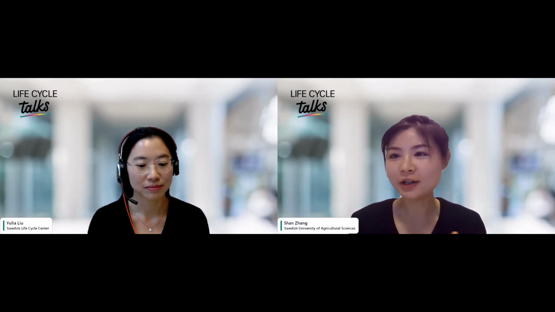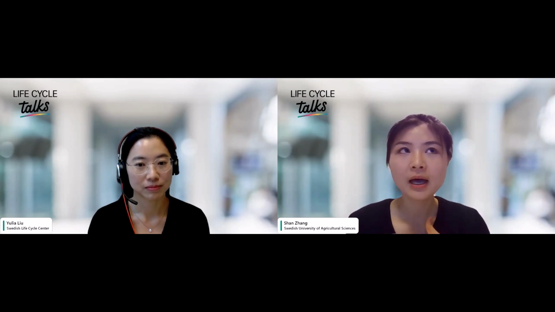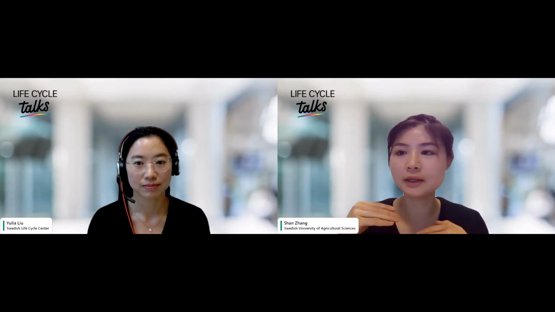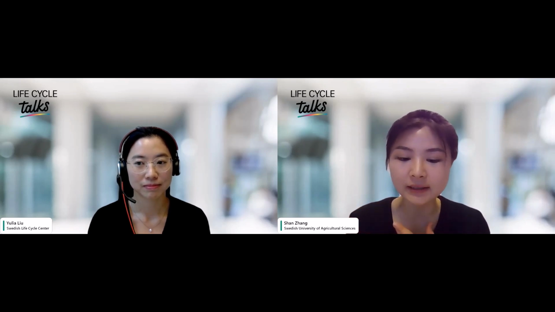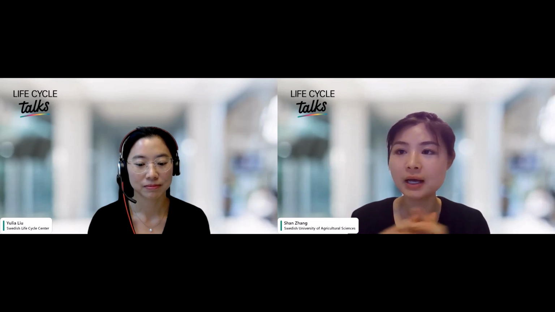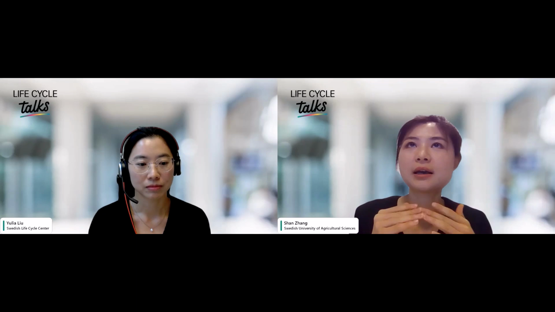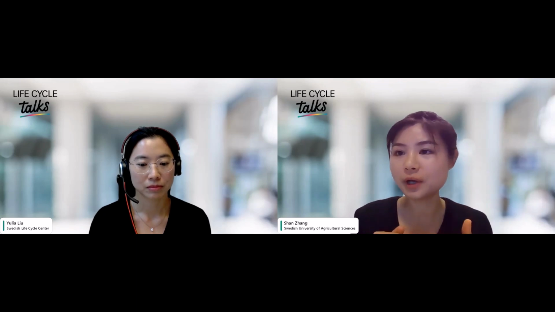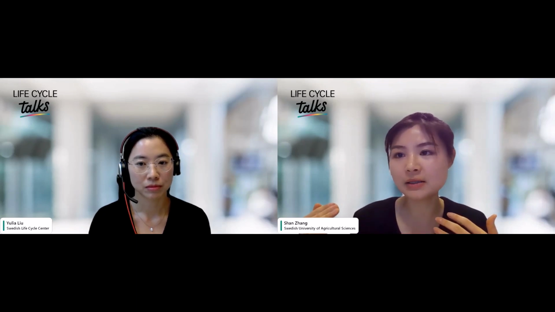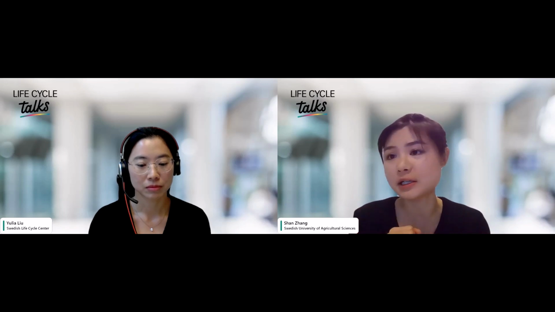Yeah, the target audience is different for these two types of LCA. For the small scale, because we focus on the current system, the scope of lab scale or pilot scale LCA is rather for the short term, not for the long term, which means it's not really suitable for long-term decision making.